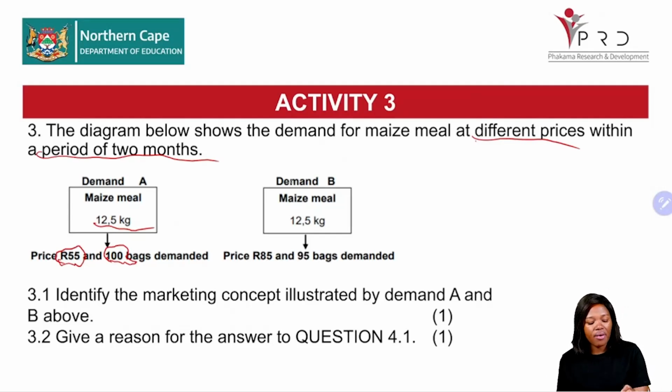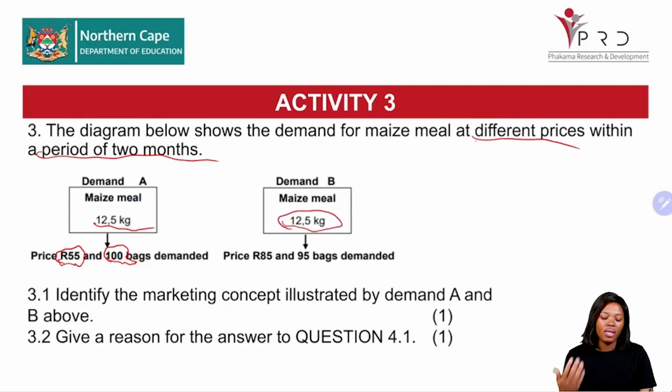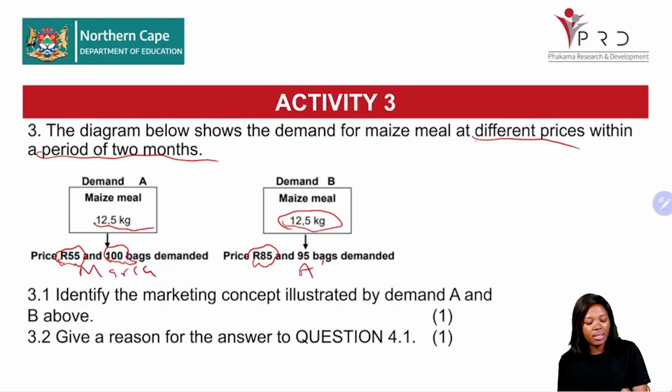Now, on diagram B, we have the very same product, the maize meal, the same size, but the only difference here is that the price has changed. It has moved from 55 rand to 85 rand. Let's just say this was in March, and this is now in April.